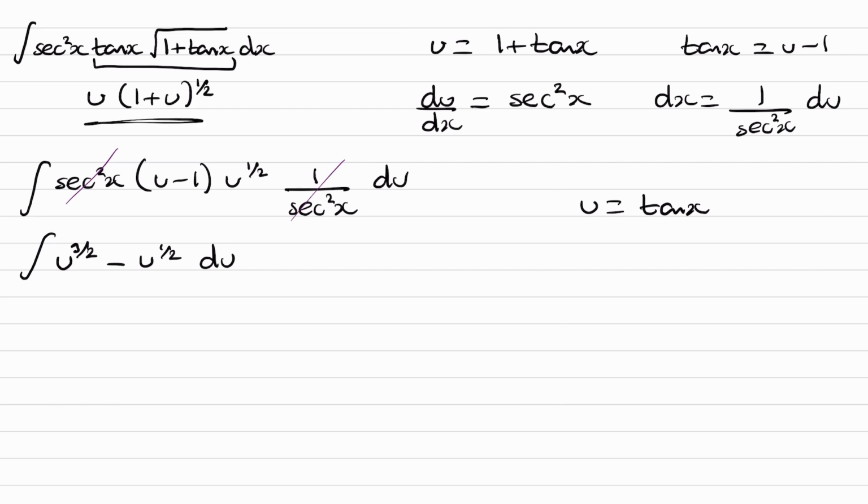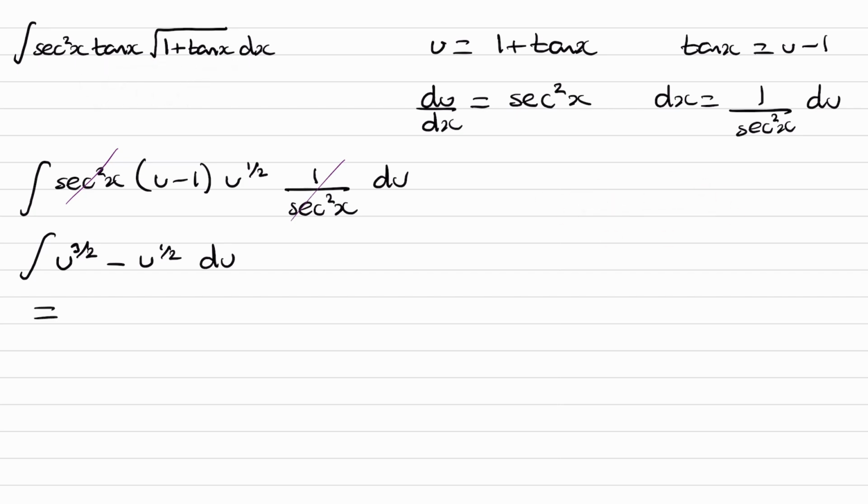Now, this is not as useful as the form that we have it in here, because we can't multiply this out because of the power of a half. This we can multiply out because we have power of 1 here, so this multiplies out to make this, and then we can integrate each individual term. This here we can't multiply out, so we'd have to use substitution one more time after that. Hence why it's better to use this substitution instead of u is equal to tan x.